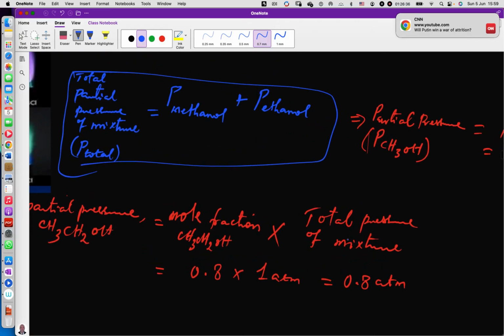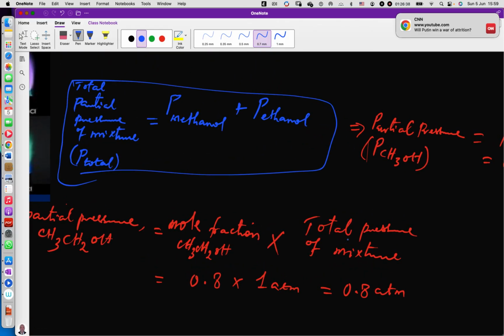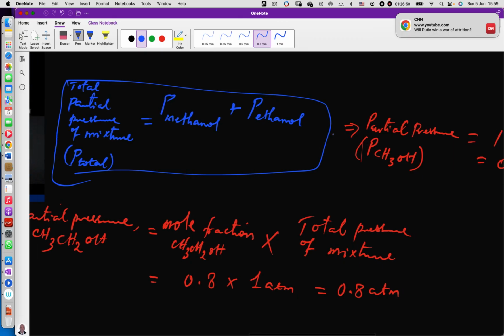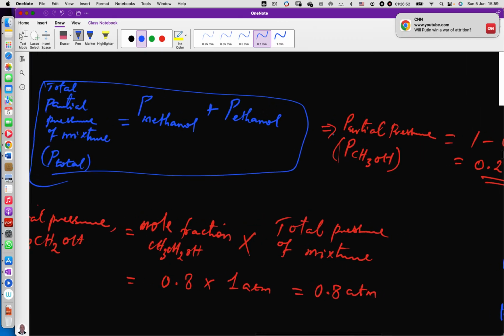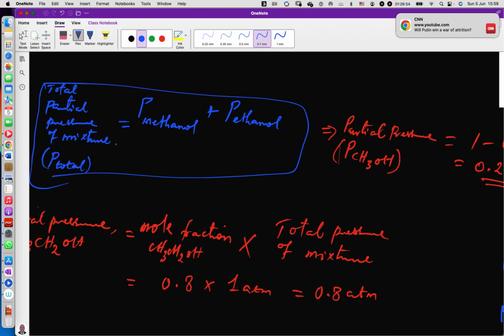Now we want to use the formula again. The total pressure is equal to the partial pressure of methanol plus the partial pressure of ethanol. We now have the total of the mixture, and we now have the partial pressure of ethanol.